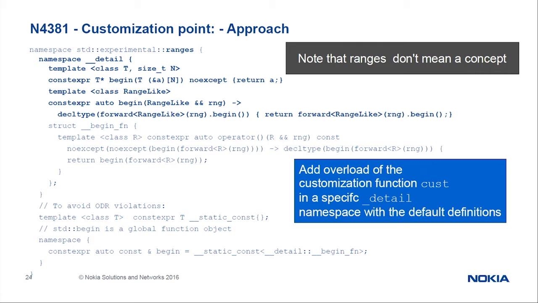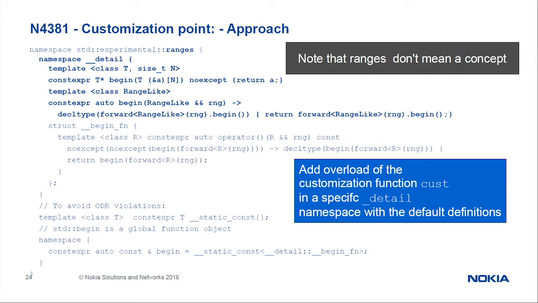In the experimental range proposal, we have the range namespace, but here range is not a concept. It is just a namespace to hold all the proposals associated to the range TS.